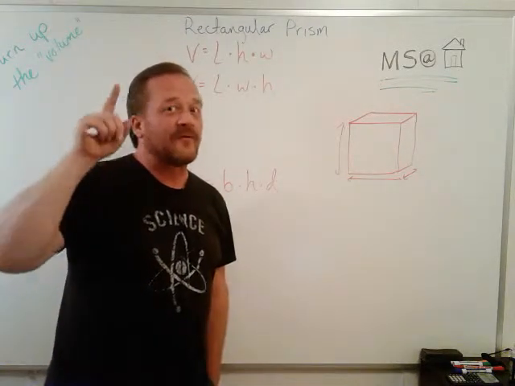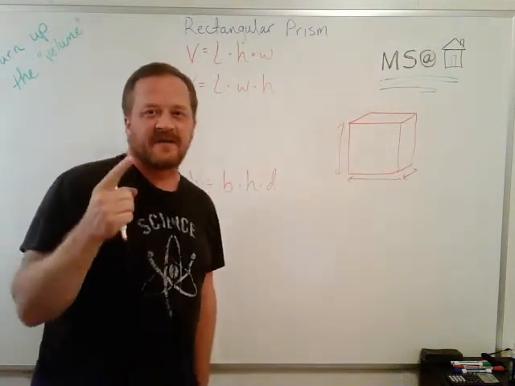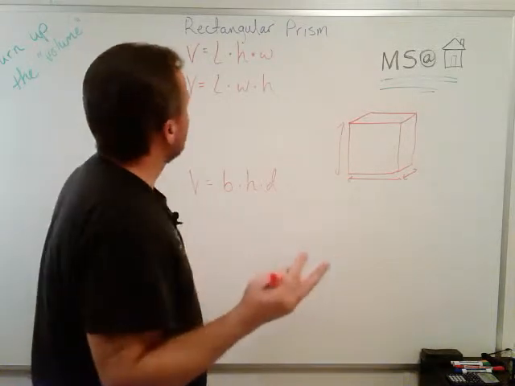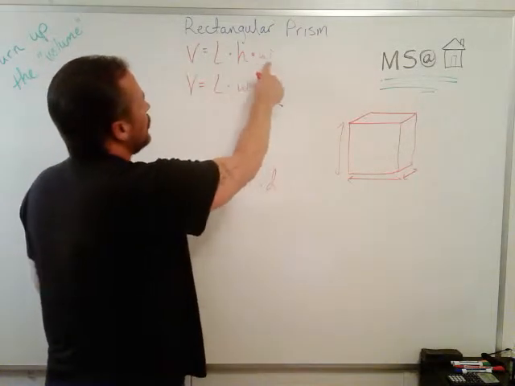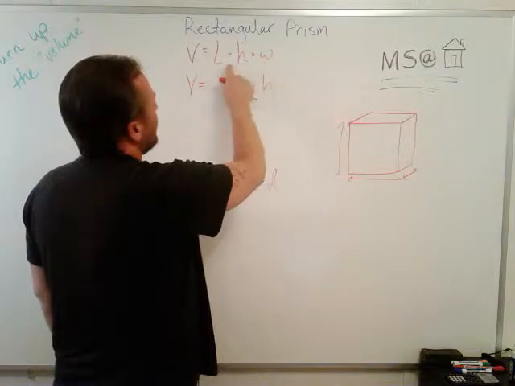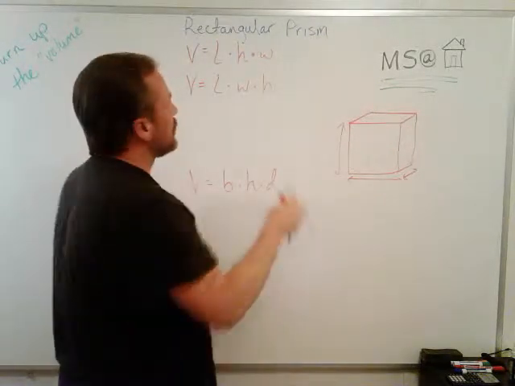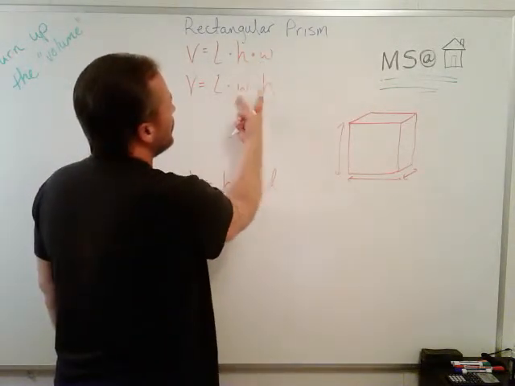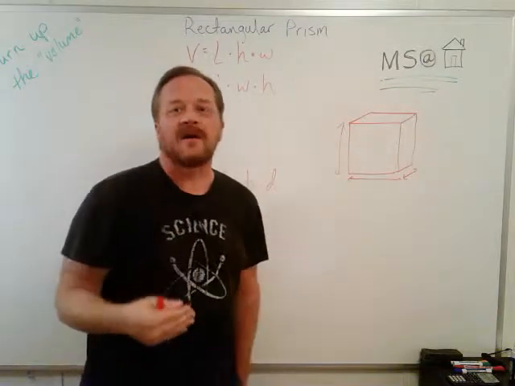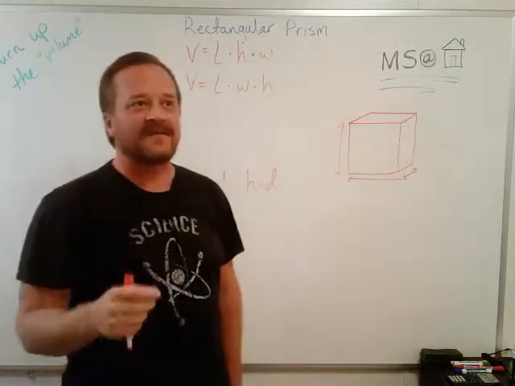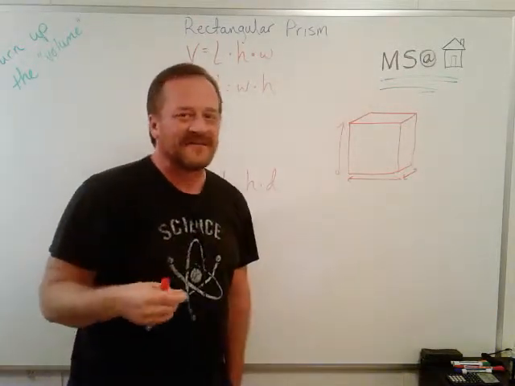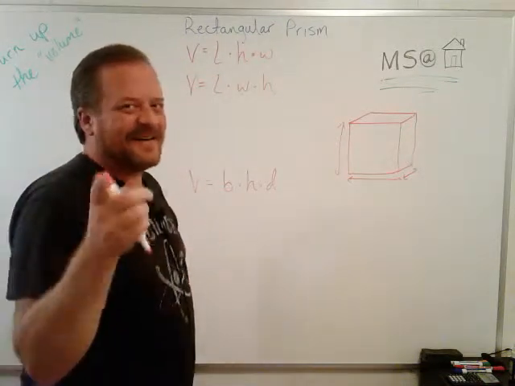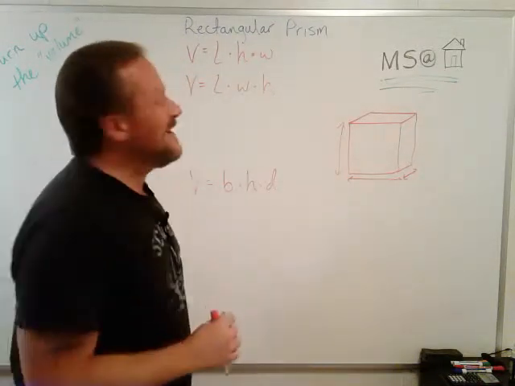Think about your properties of multiplication, the associative and the commutative, okay? It doesn't matter which order you multiplied these in, and it doesn't matter which order you write them in. You're always going to get the same result, right? Because of the associative and commutative properties of multiplication. You knew those would come in handy, right?